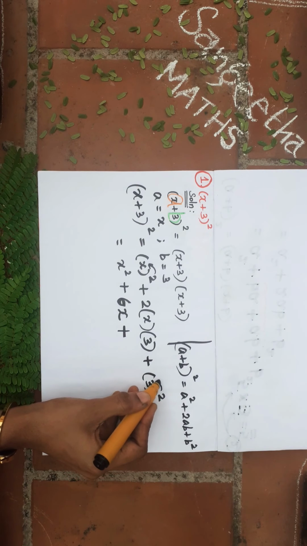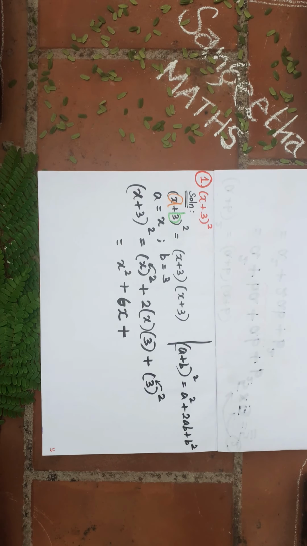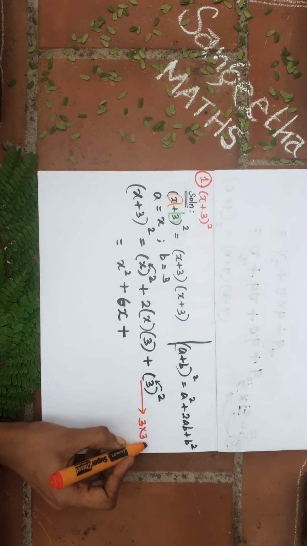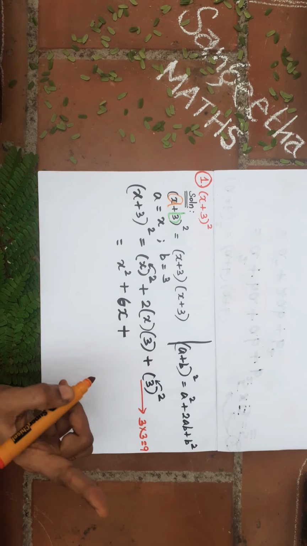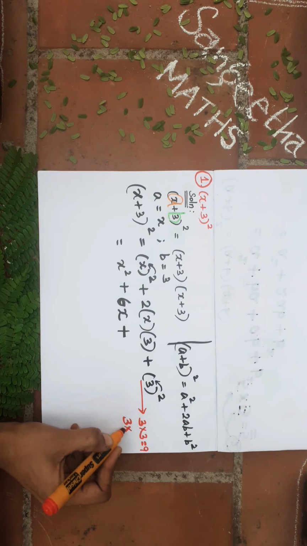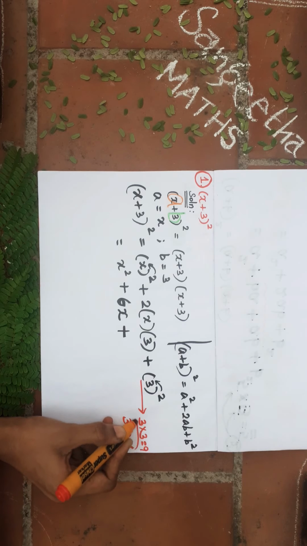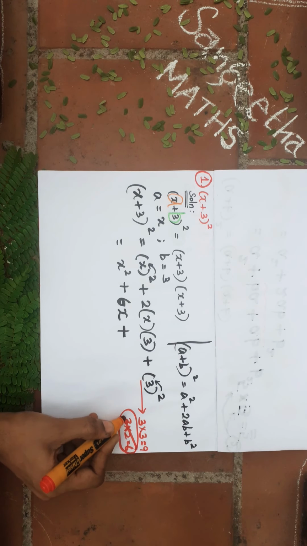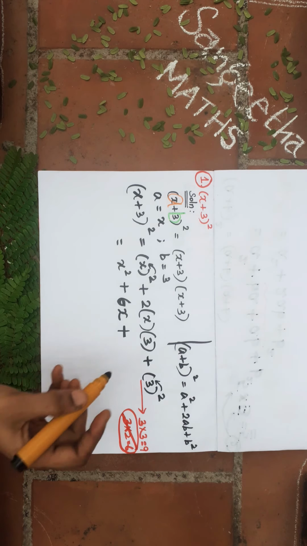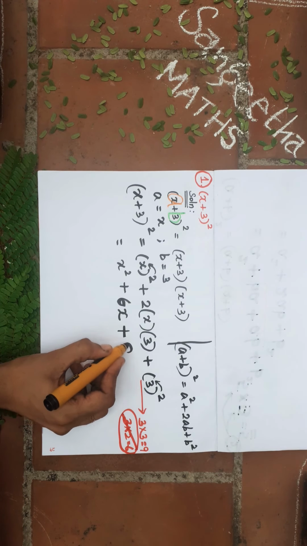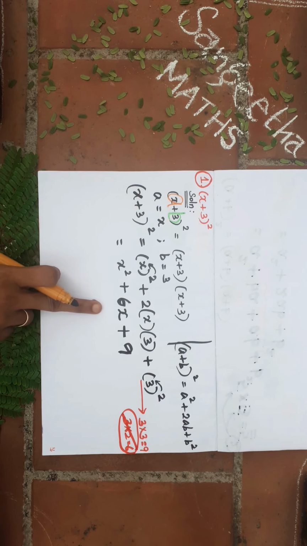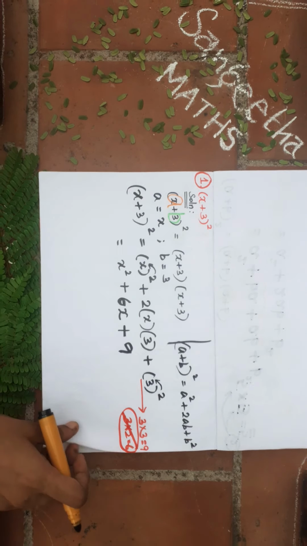When the square comes, it is 3 into 3, which is equal to 9. Many students will make an error, saying 3 square is 3 times 2, which is 6, which is not correct. 3 into 3 is 9. 3 square is 9. So for (x + 3) the whole square, this is the expansion.